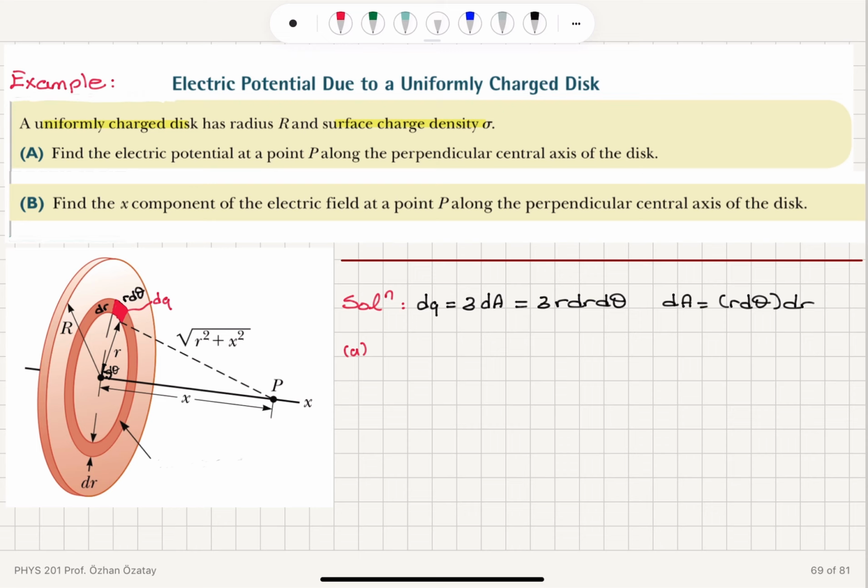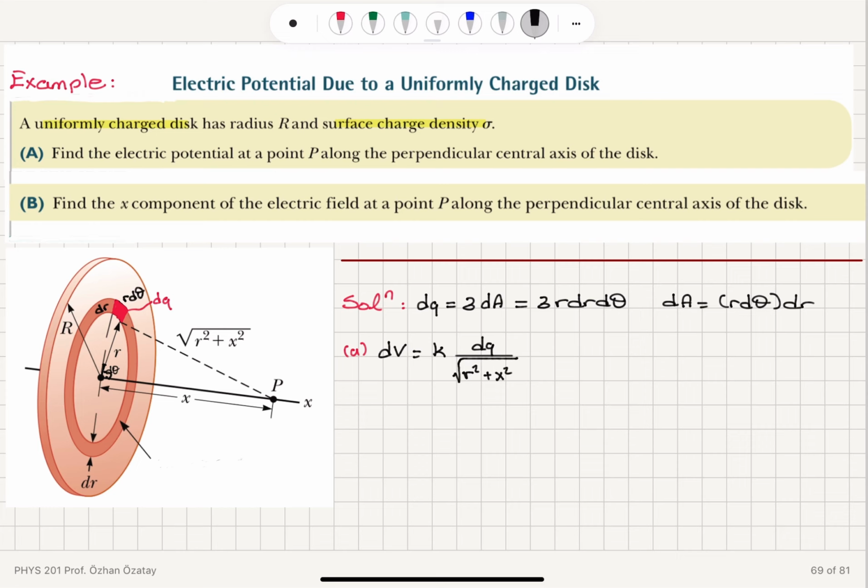Obviously, when you integrate over this angle theta here, you will get a factor of 2 pi, so this dA would turn into 2 pi r dr. So it's actually the same thing when we consider this ring of charge. Okay, so we can write the potential dV due to the charge dq as k dq divided by the distance from the charge to the point of interest, square root of r square plus x square.